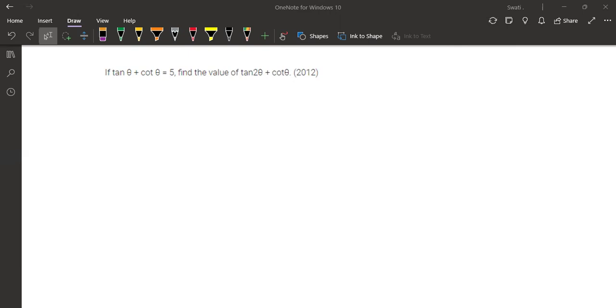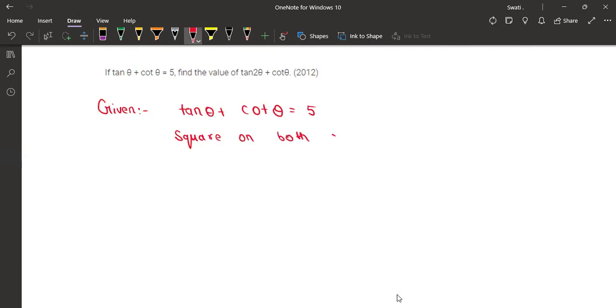Whatever is given, we always start from the given information. So you can see that we are given tan theta plus cot theta is equal to 5. This is the information that we are given. Now I'll do square on both the sides. So this will become tan theta plus cot theta whole square, and 5 square will be nothing but 25, right?